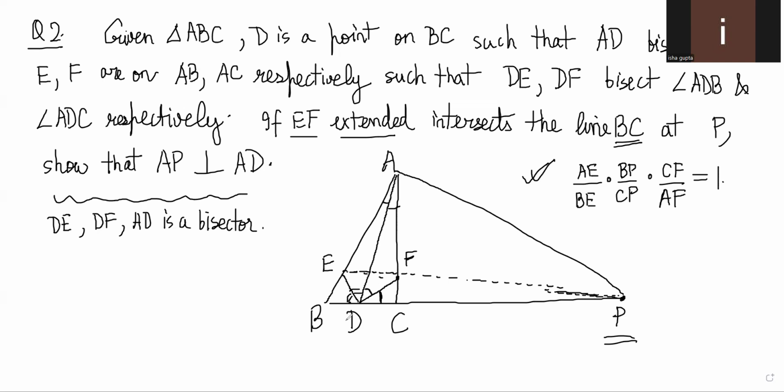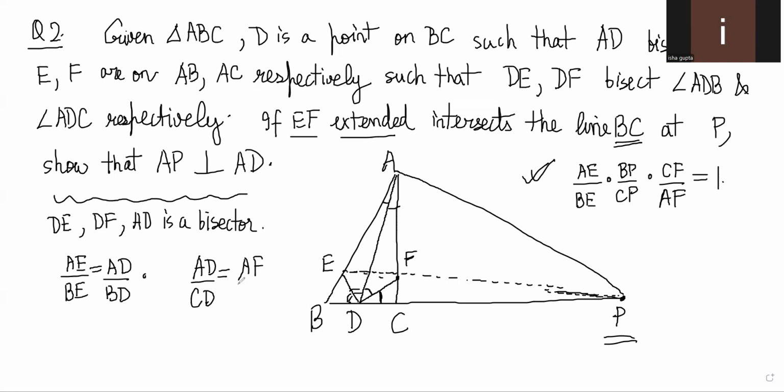So basically, AE by BE should be AD by BD. Similarly, for DF bisector, AD by CD this time should be equal to AF by CF.